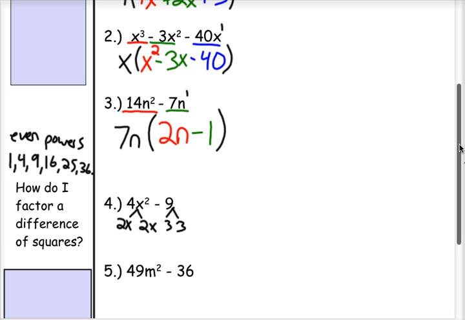So I've broken both of the perfect squares down. And what do we do from there? Remember, these are the ones that we get that plus and minus relationship. So I build that structure right away, so then I don't make any mistakes when I'm putting in 2x plus 3, 2x minus 3. Difference of squares always has that plus and minus relationship.